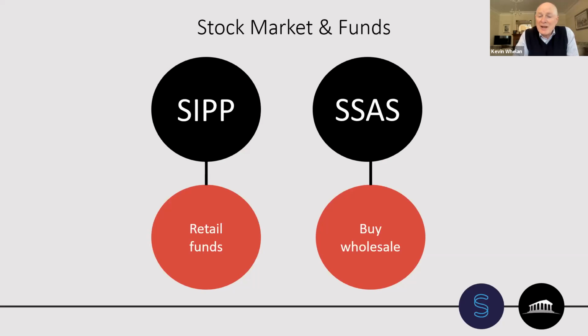You choose to spend your money on advice or you choose not to. It's entirely a matter for you. With a SIPP, you're a retail customer pretty much. A SSAS is a more sophisticated customer generally, able to buy funds wholesale, and therefore without the intermediation.